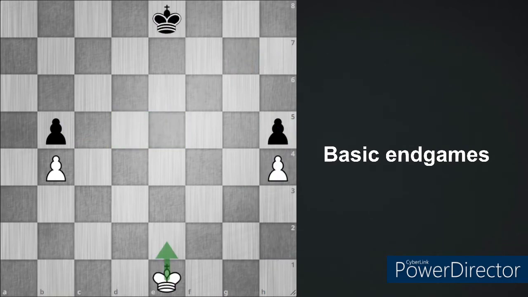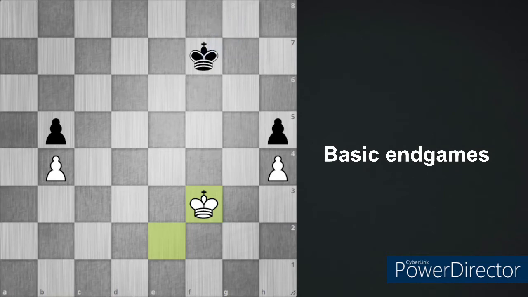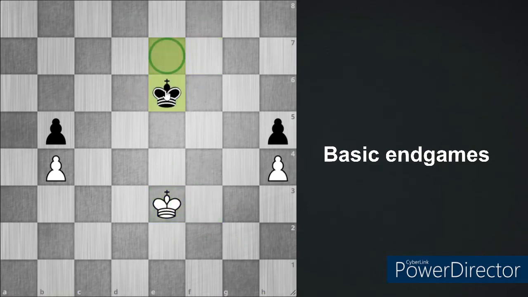So once again, after king e2 and black plays a tricky move, king f7, you are going to immediately play in front of him to get the distant opposition. And if he plays once again the tricky move, king e7, then you always get the distant opposition by playing the move on the same rank, and that is king e3. Now black has to move, and when black plays king e6, you place the move king e4.